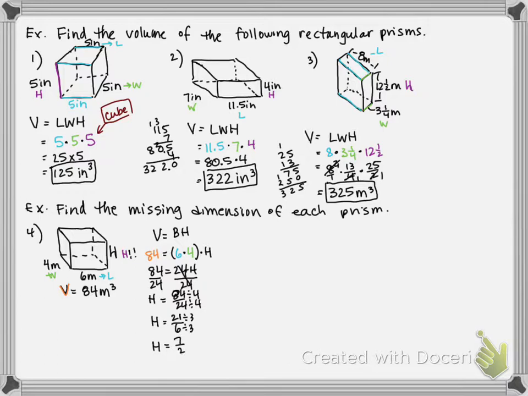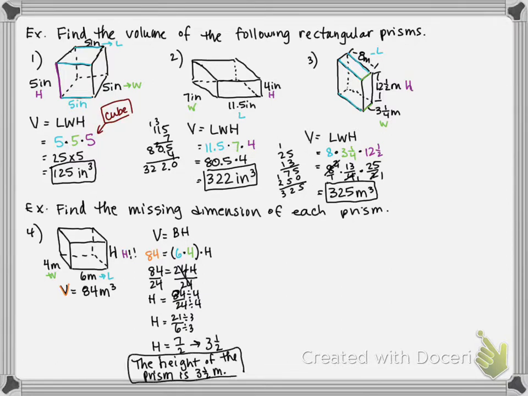You get 7 halves, which we're going to change to a mixed number since this is a measurement. 2 goes into 7 3 times, which is 6, with 1 left over. So we would say the height of the prism is three and a half, and it would just be regular meters.